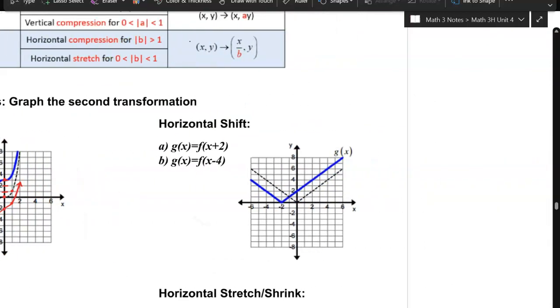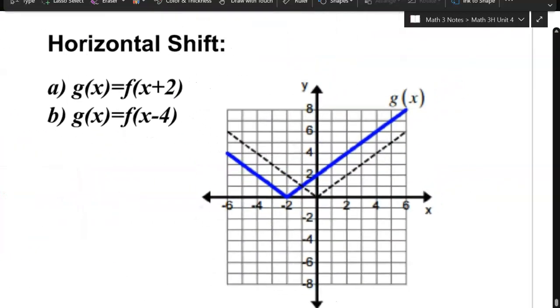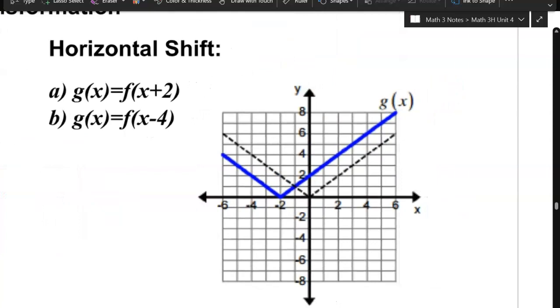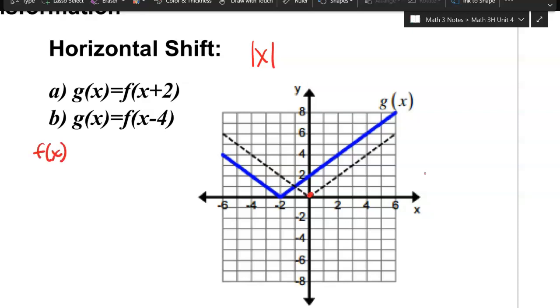Let's look at our horizontal shift, our left or right shift. Looking at this first one, we have our dotted line again, that's our parent function. This is our absolute value of x for our parent function. Again, we're at 0, 0 for the center of our graph.